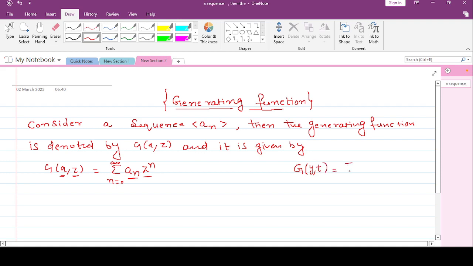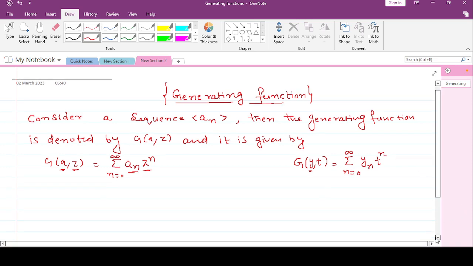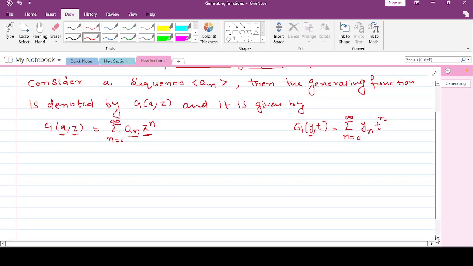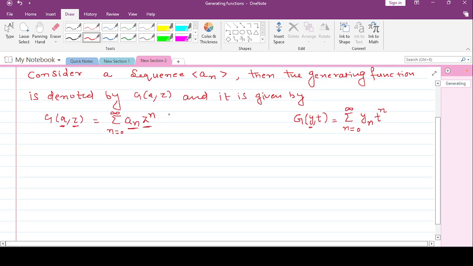In that case it means that we have summation n varying from 0 to infinity, and as this is y, the sequence is y_n, and the variable here is t raised to the power n. So remember these notations, but in our video lecture I will be using this notation only. So this is the compact form of the generating function.